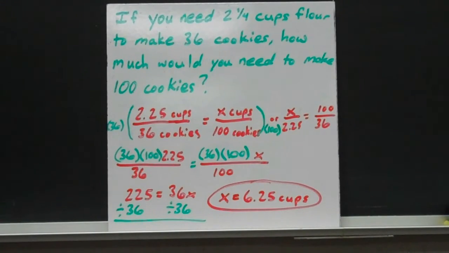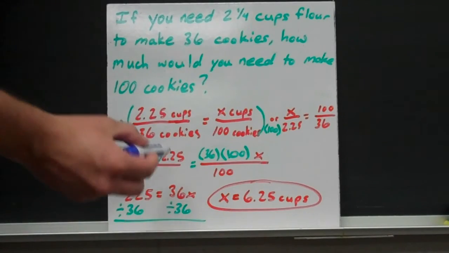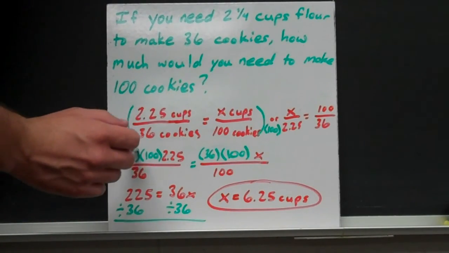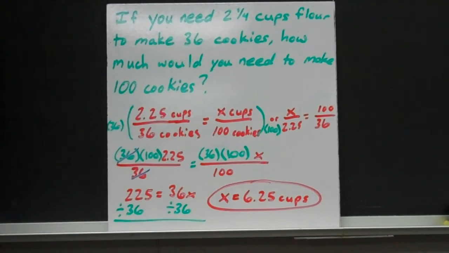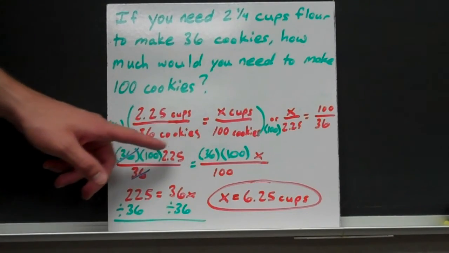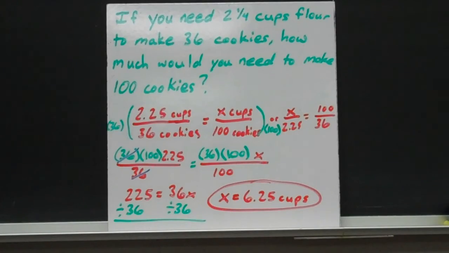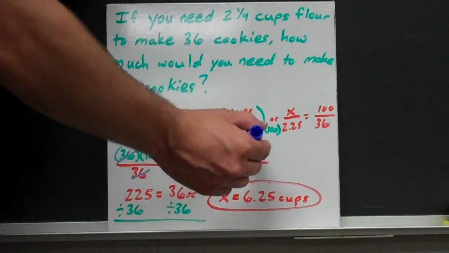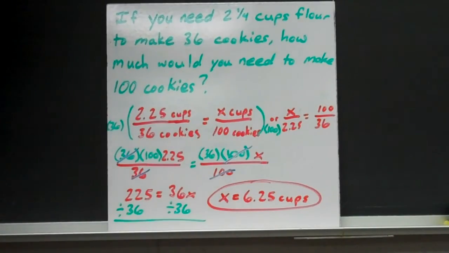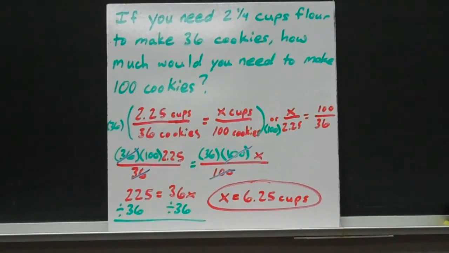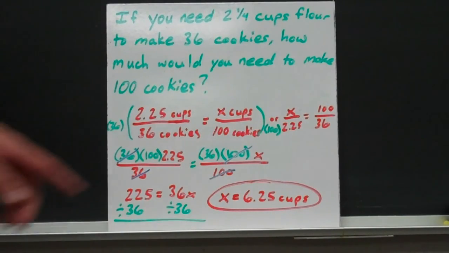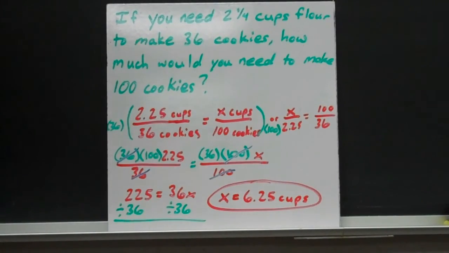And now we can see that if we're multiplying by 36 and dividing by 36, those are going to cancel each other out. So we have 100 times 2.25, which is 225. On the right, if we multiply by 100 and divide by 100, those cancel each other out. And we're left with 36 times x, or just 36x.